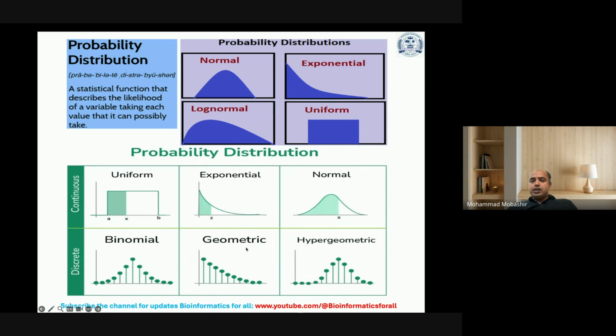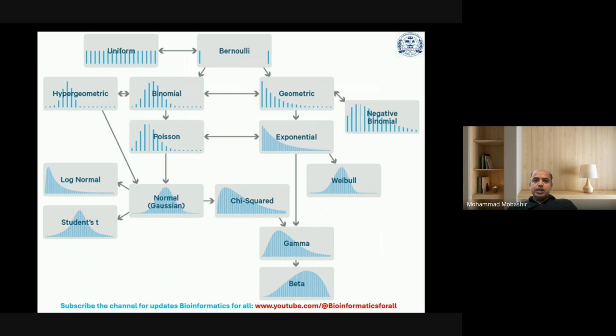These three are discrete: binomial, geometric, and hypergeometric. Now you can make a more and more detailed view of different types of probability distribution. It will depend on how deep you want to understand the probability distributions for your purpose. And these are quite straightforward.